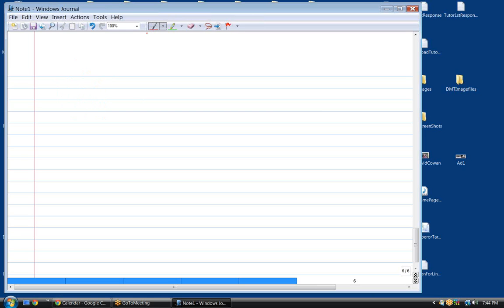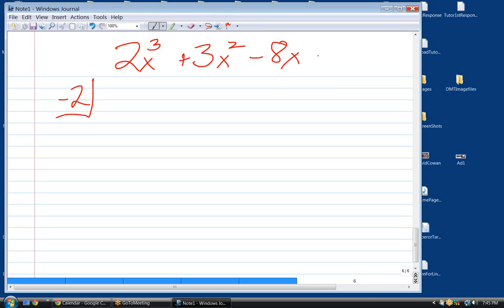Actually, yeah, we should do this one, because I don't know. What's the polynomial? 2x cubed plus 3x squared minus 8x minus 12. Okay, the only reason I put the variables up there was because whenever you're doing synthetic division, you have to make sure that you allow for every degree of x. This already has an x cubed, an x squared, and an x, so I don't have to worry about it.